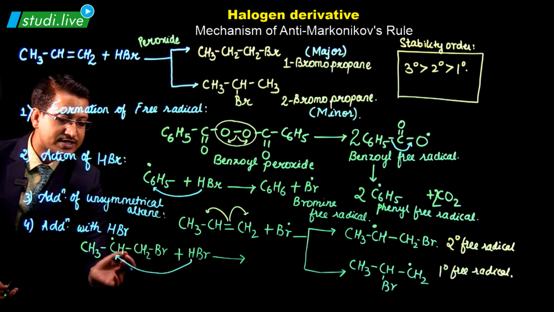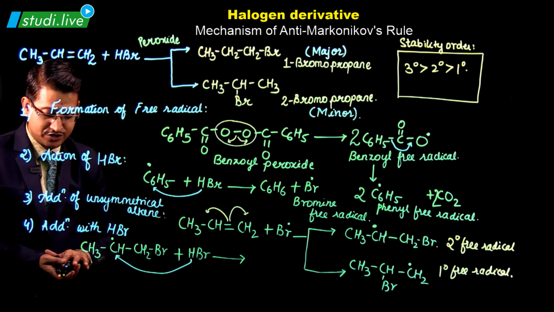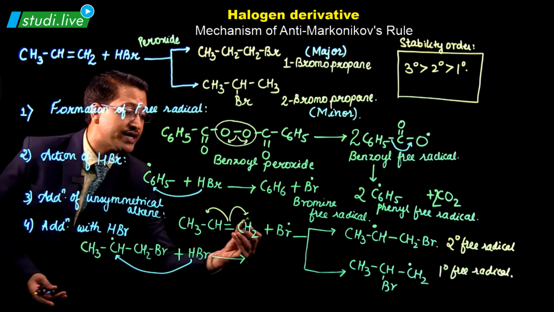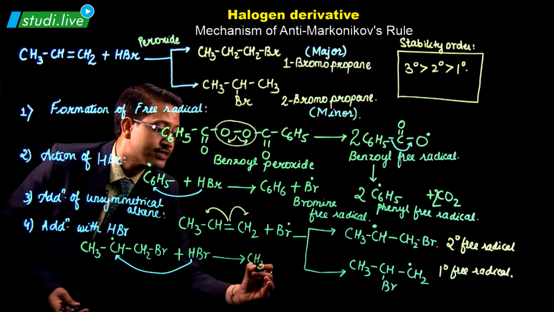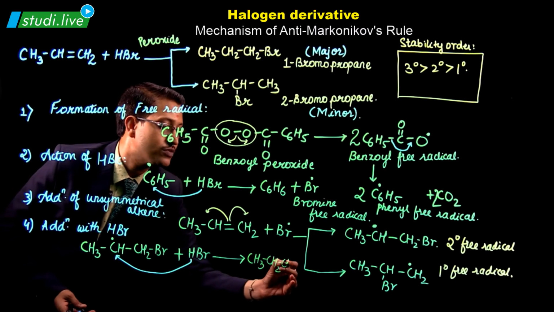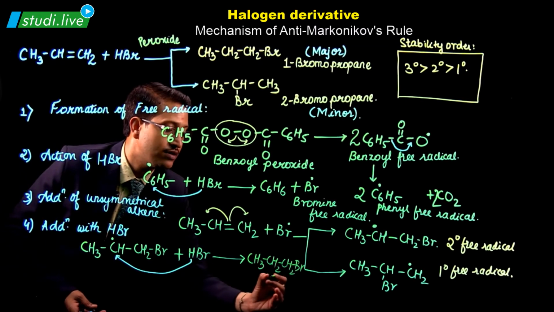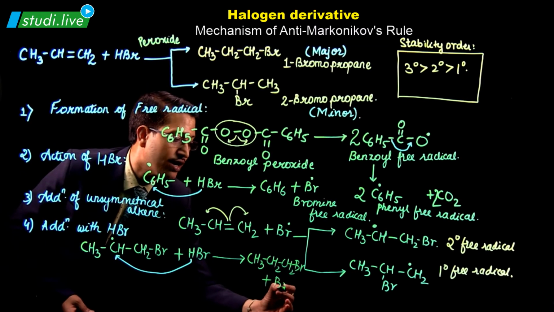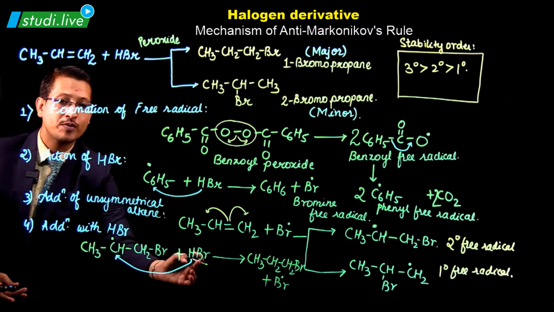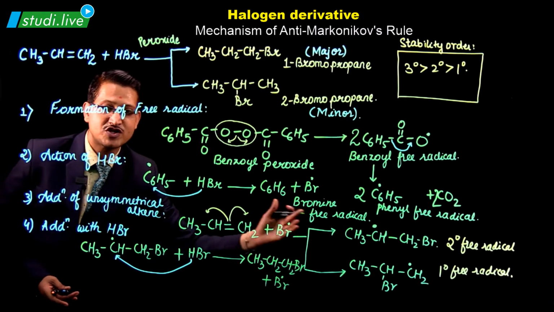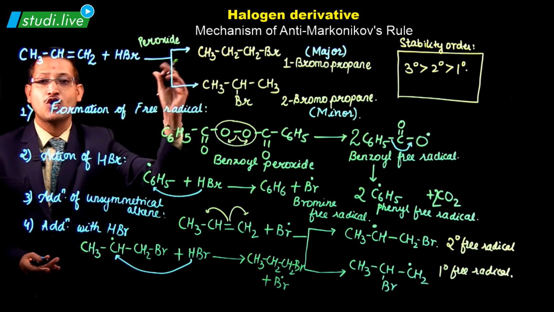This H will combine with CH because of the homolytic bond fission, and what you have left out is Br. So what you get here is CH3, CH2, CH2Br plus Br free radical. This bromine free radical is left out at the end, which will be reacting with the next molecule.